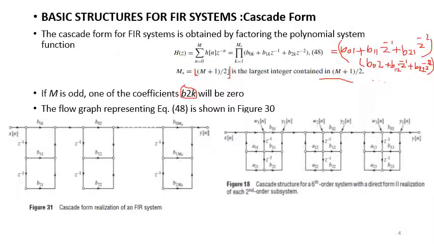So the signal flow graph for the equation is shown in the figure here. So here we have shown the signal flow graph represented by this equation. So if we compare this with the cascade for the system, right? So if we compare this one with the one we have discussed for the IIR system, this is again a similar graph that consists of the second order sections, right?